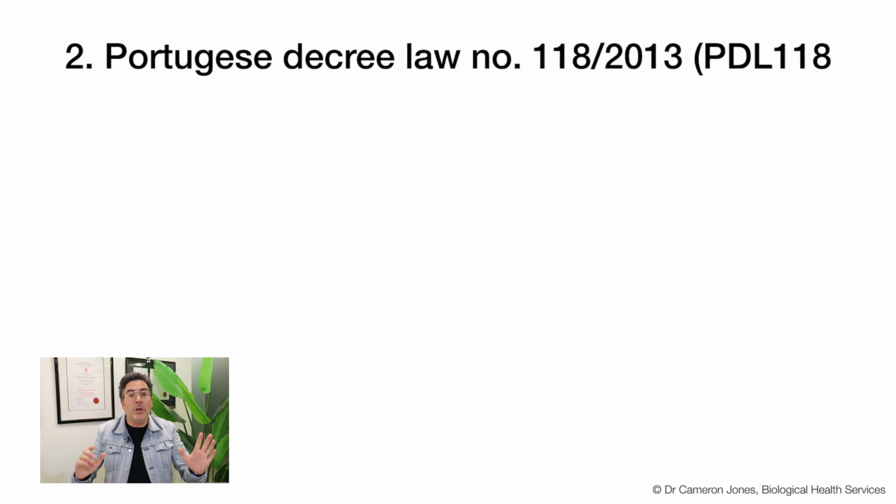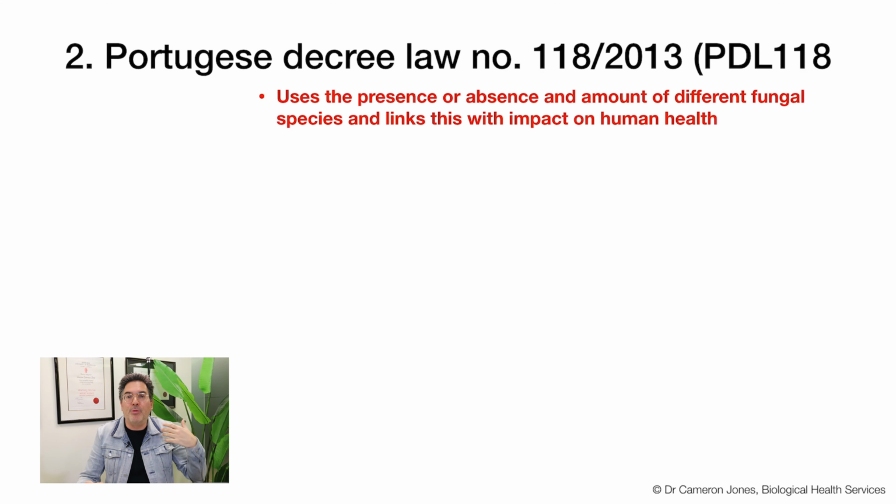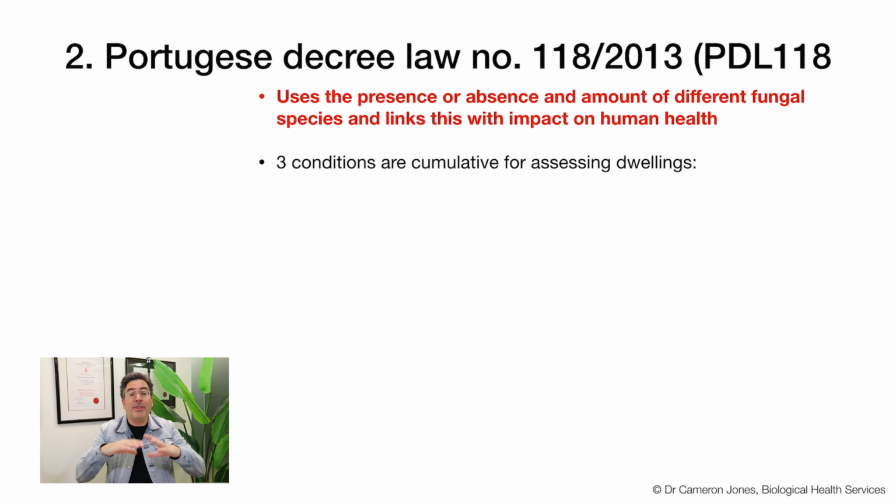Now, let's look at what the Portuguese have done, because they have actually made a law about the mold levels. And this is a very interesting document because it uses the presence and absence of particular fungal species and then links this with human health. There are 3 conditions for determining the adverse indoor living environment from fungi.